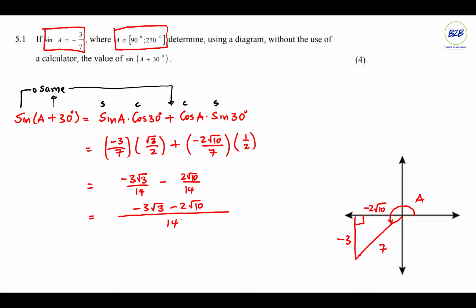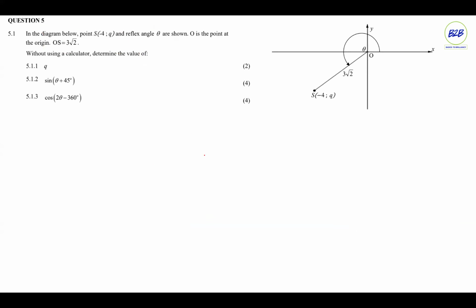From this point onwards, we will unpack questions whereby we are already given a diagram, but it is not fully sketched. Our responsibility will be to complete that diagram and then answer the questions. And that is the question that we will use to demonstrate such a problem.